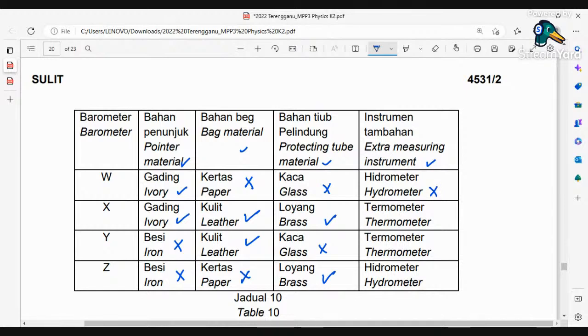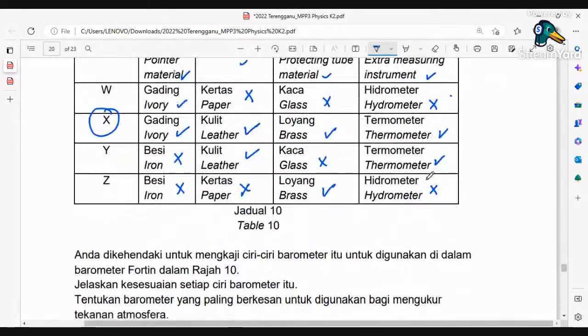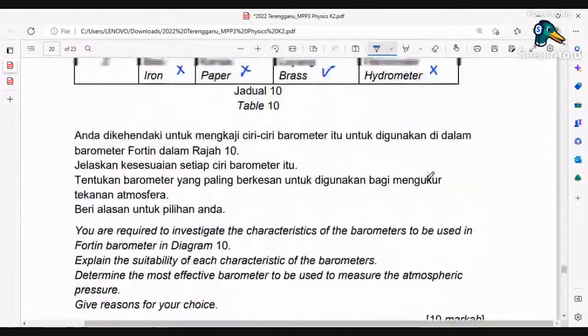Hydrometer is to determine the density normally. Thermometer is to determine temperature. Temperature is a factor that affects pressure also. So just add in one more extra measuring instrument. We can put thermometer. So from here we can see X will be chosen. Explain in table form all the aspects.